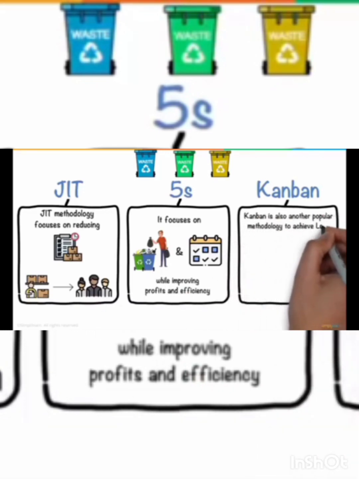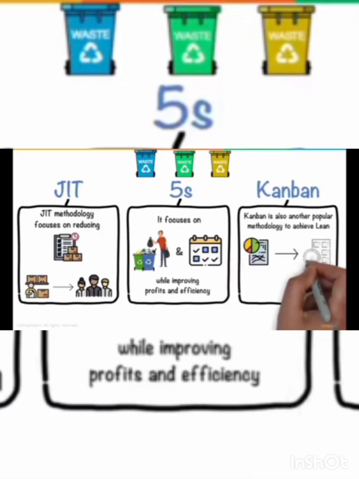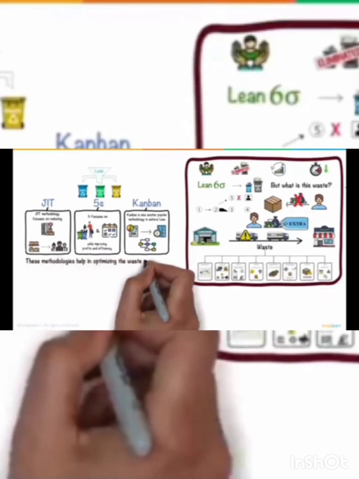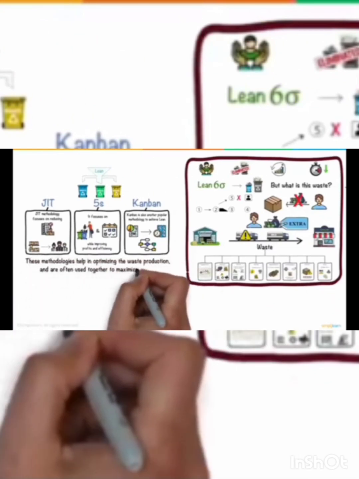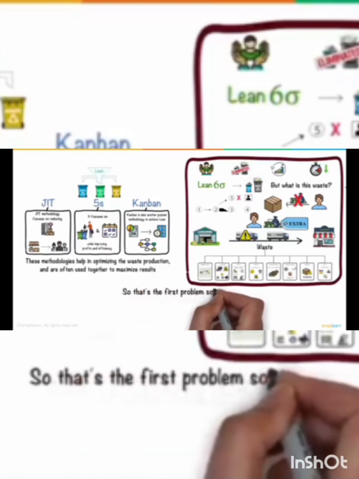The third one, Kanban, is also a popular methodology used to achieve lean. It is a visual method to manage tasks and workflows. Kanban enables you to visualize the workflow to identify issues in the process and fix them. These methods are used to optimize waste reduction and are often used together to maximize the result.